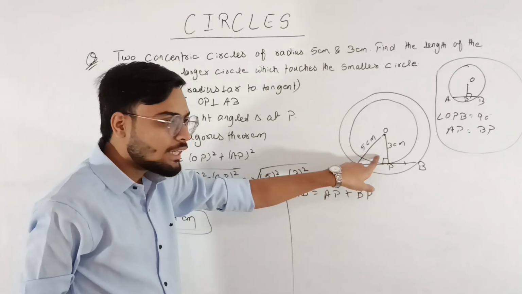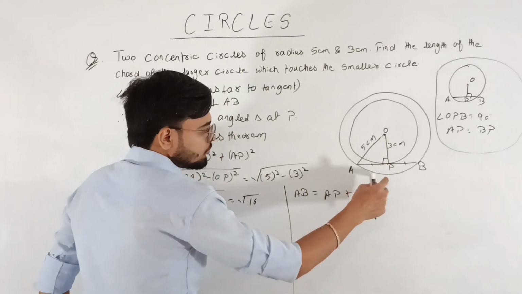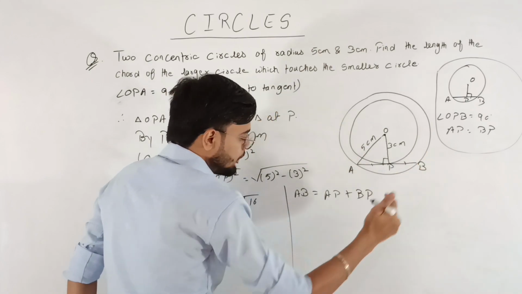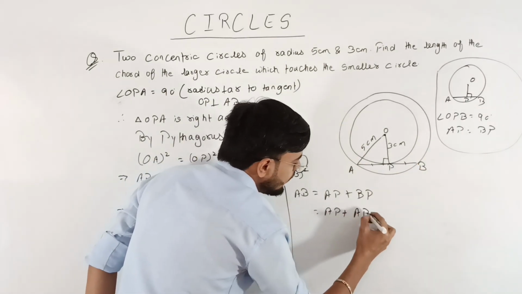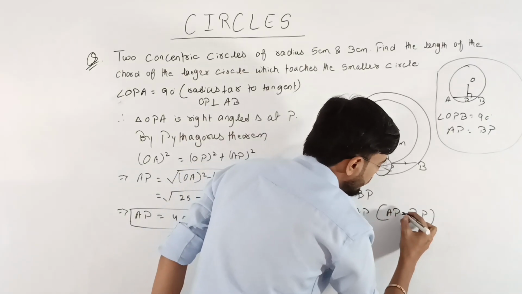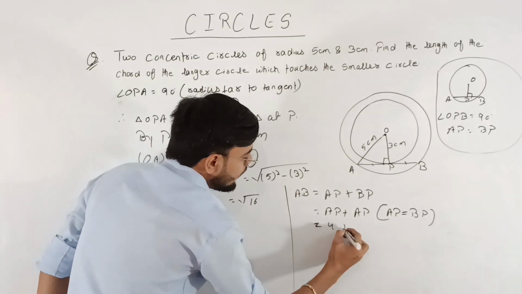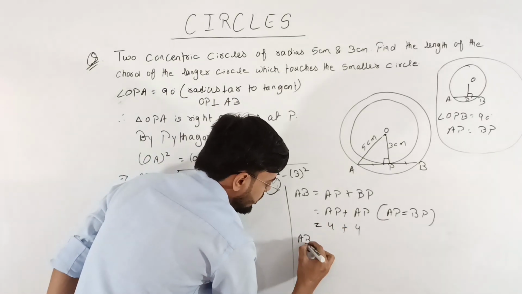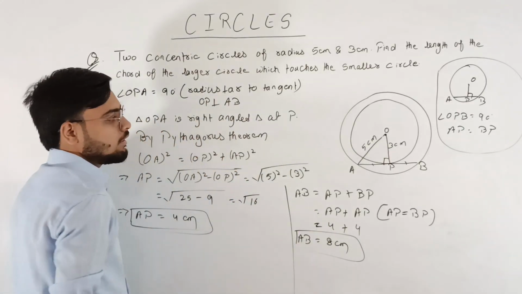Then OP is 90 degree and OP bisects the chord AB, which means AP is equal to BP. So in place of BP, I write here AP. Okay. Now look here. AP is 4 and AP is 4. So AB is what? 8 centimeter.